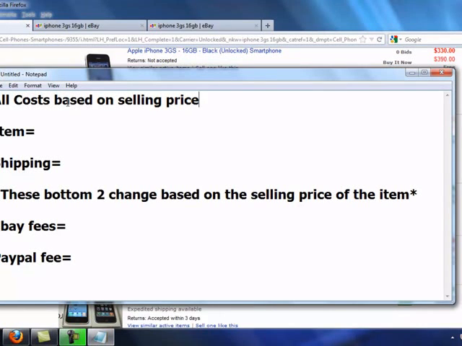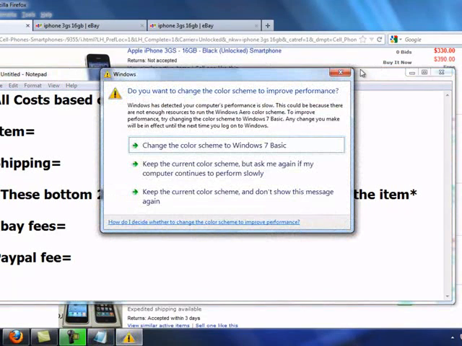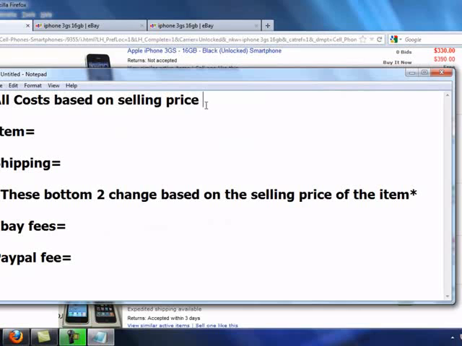Now, with these laptops, I'm looking for the equal sign. This is funny. Okay, here it is right there. All costs based on selling price. For this, we're going to do $299. That's my selling price.